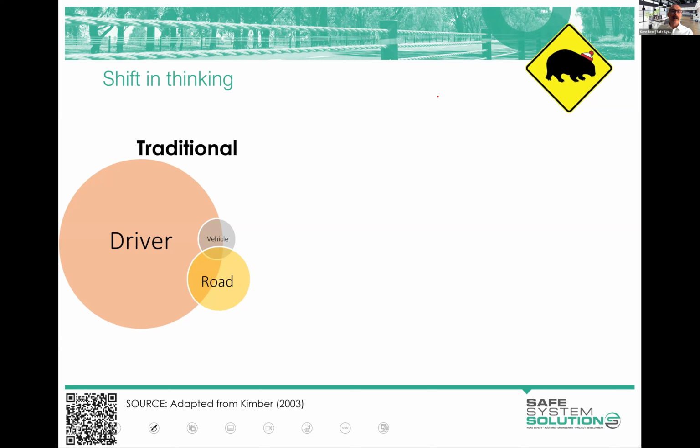But driver error makes up something like 90 to 93% of death on the road network in terms of crash causation. Roads overlap a bit, vehicles overlap a smaller bit. I don't dispute their research, right? It's amazing research. They've done a huge amount of work on it.